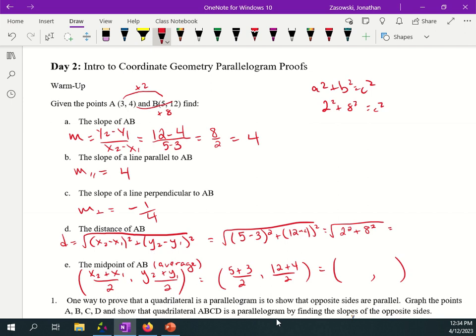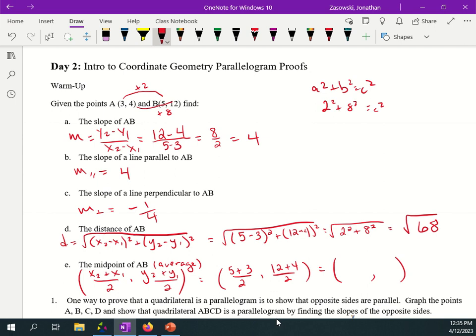If you plug it in, x2 minus x1, 5 minus 3 is 2 squared. y2 minus y1, 12 minus 4 is 8 squared. That's the same thing, right? And then what's 8 squared plus 2 squared? So this turns into the square root of 68. No need to simplify. No need to put it as a decimal. Just leave it as the radical, okay?